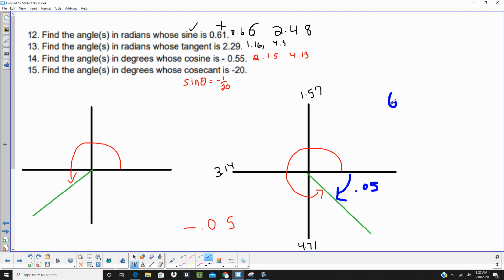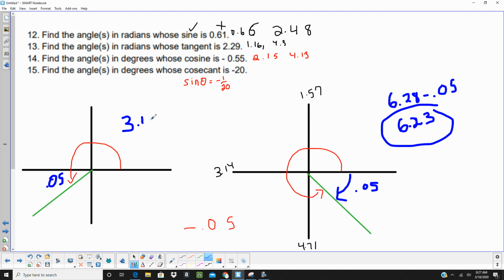It'd be 6.28 because it's 2 pi right here, minus 0.05, and you get 6.23. So there is my first angle. Well, my reference angle here is going to be 0.05. Go ahead and add that to pi, and you're going to get 3.19.